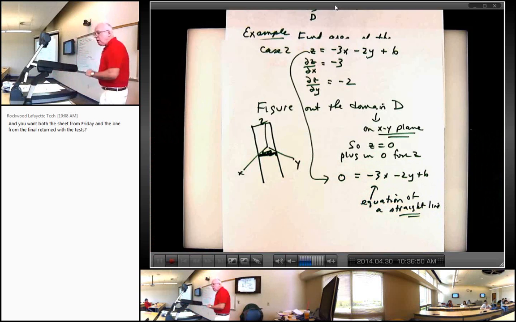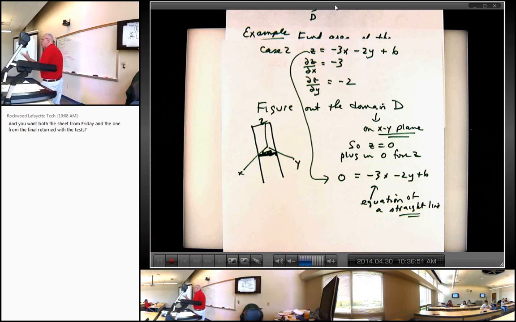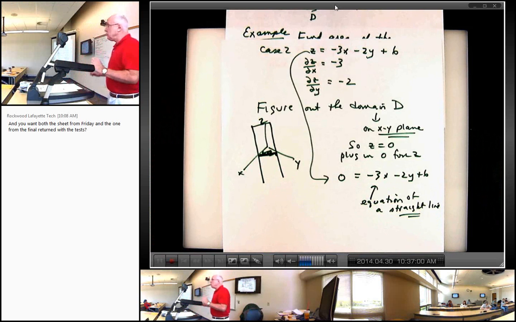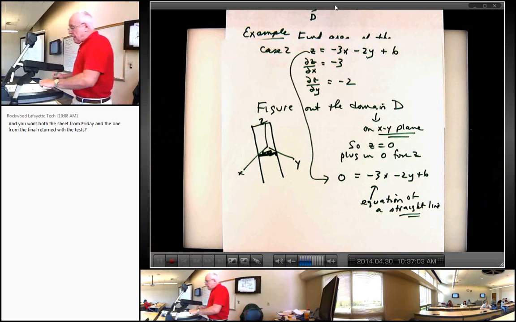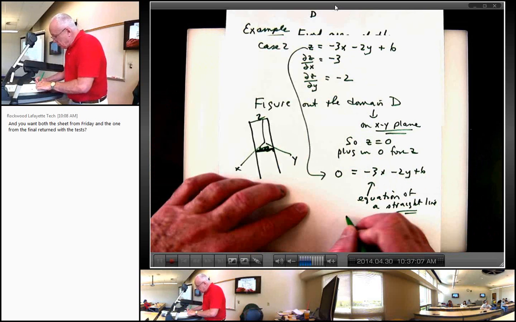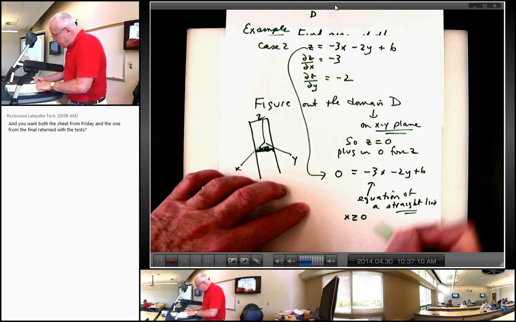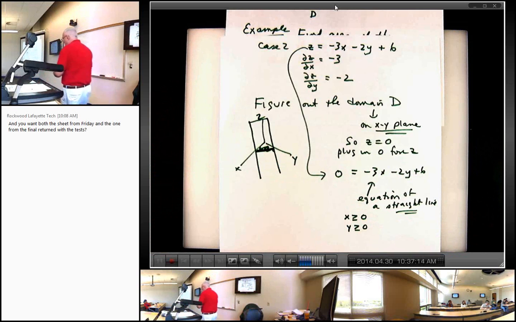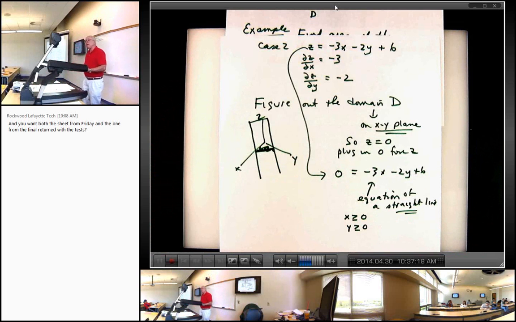Where it crosses that XY plane, that's going to be one of our boundaries for this region that X and Y vary over. So this straight line is one of our boundaries. Now, we also know that this is in the first octant, so X is bigger than or equal to 0, and Y is bigger than or equal to 0. So we have all these boundaries, and we can figure out what D is.